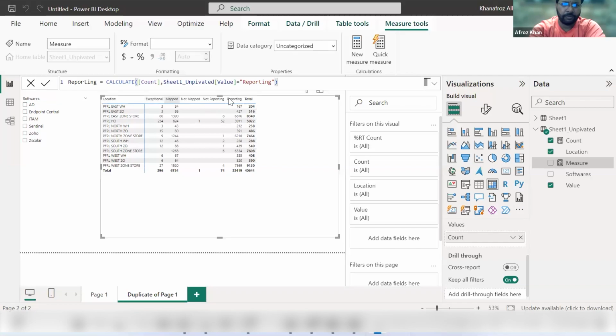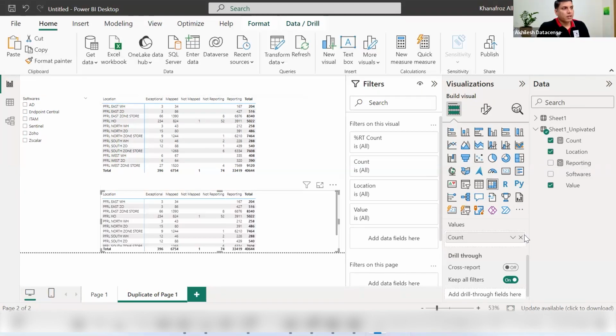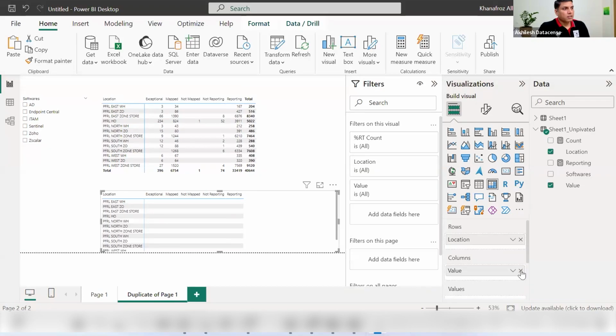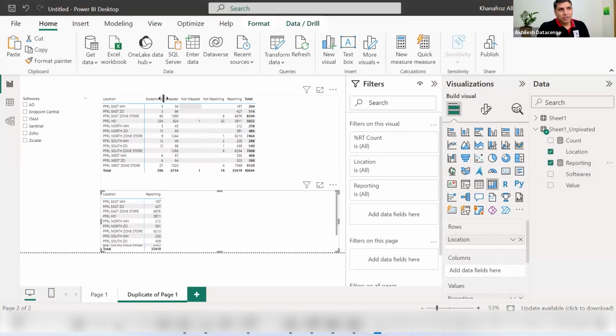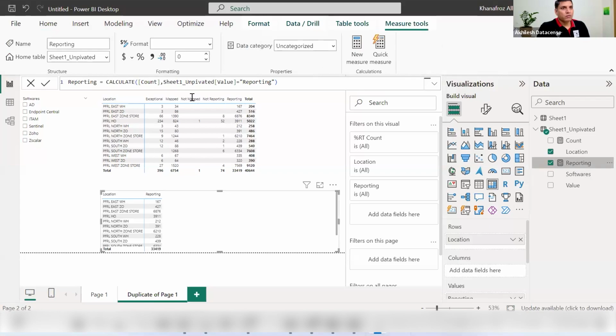Out of these four, you have to count it only when it is reporting. I'm just duplicating the report to show you the results. I'm removing counts and values. Now I have reporting directly. So you can see, without those four values, I am getting the same numbers.